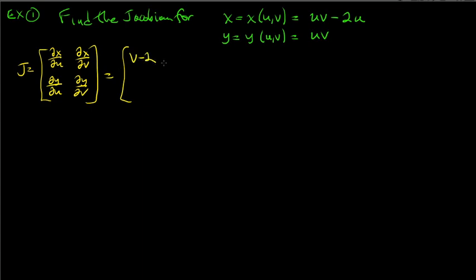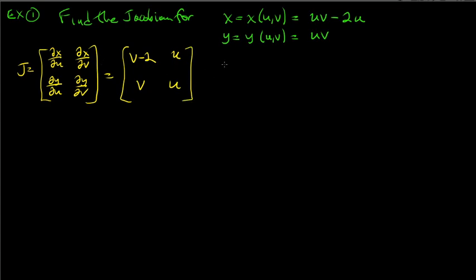Partial of x with respect to v is just u, right? Partial of y with respect to u is v, and partial of y with respect to v is u. Did I get that right? Partial of y with respect to v. Yeah, I think so. Partial of x with respect to v, yeah, is u. Okay, so I think that's right.